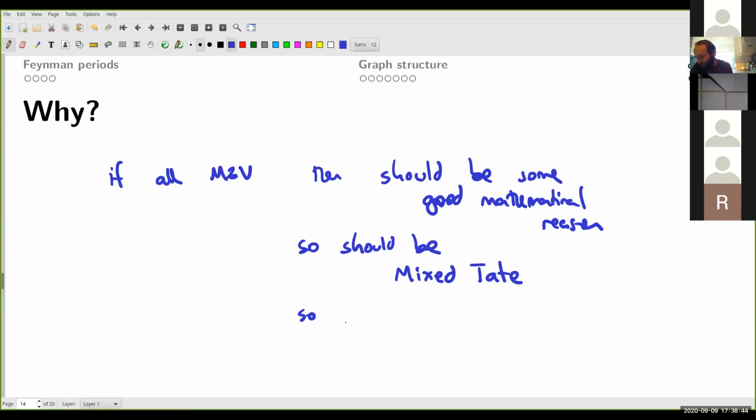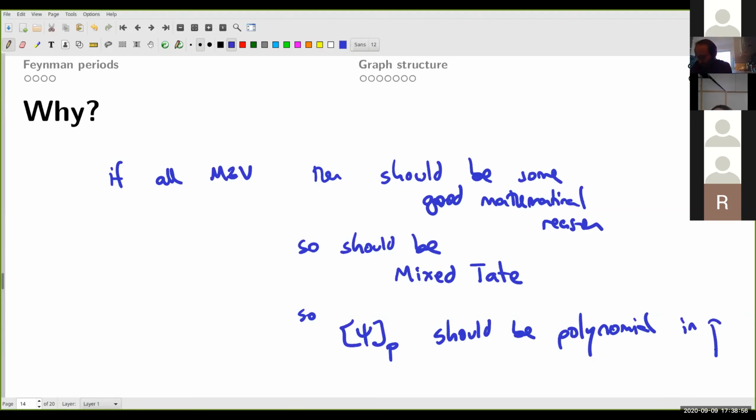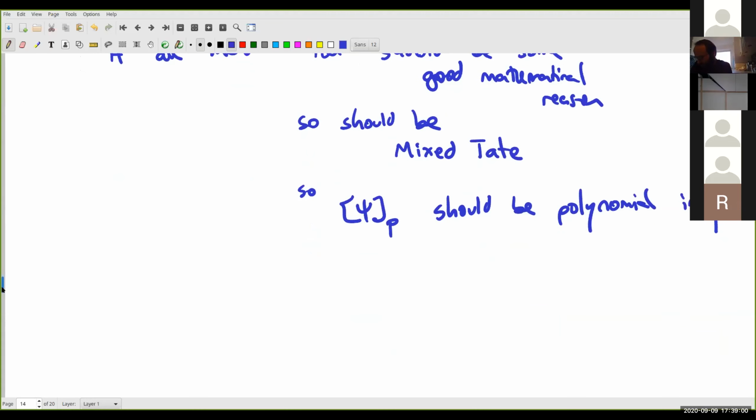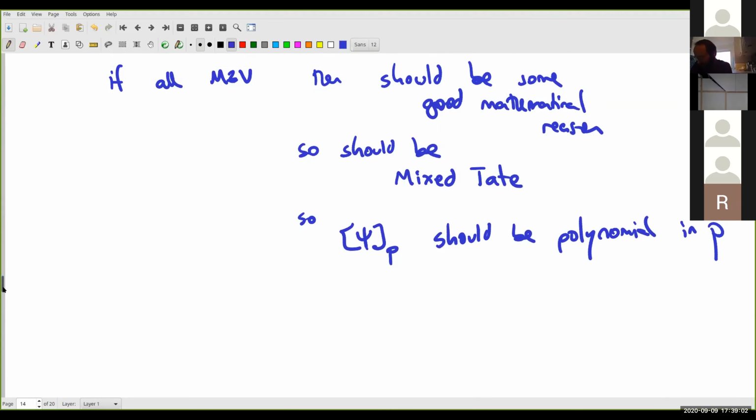what should happen is that these point counts should be a polynomial in p. That's not obvious a priori, but that's part of what this overall mathematical structure tells you, is that if you get all these shoulds lining up, then that's one of the things that you should get.